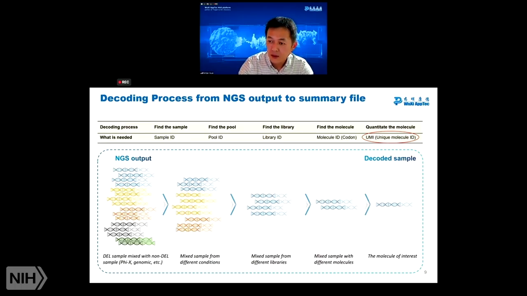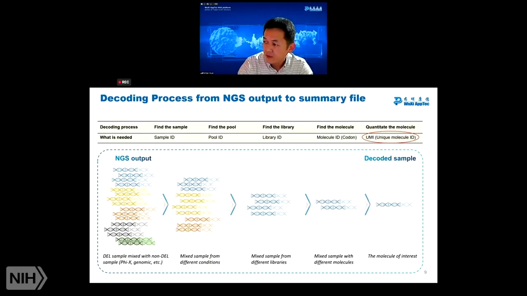Like I said, there are sample tags, so you can use a sample tag to separate your different samples if you choose to sequence multiple samples in the flow cell. The library ID will help you further separate the data into different libraries. And then you can start translating your small molecule information from the coding region.